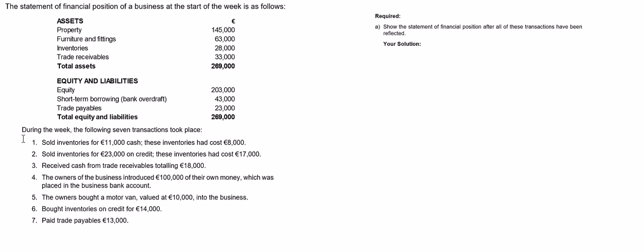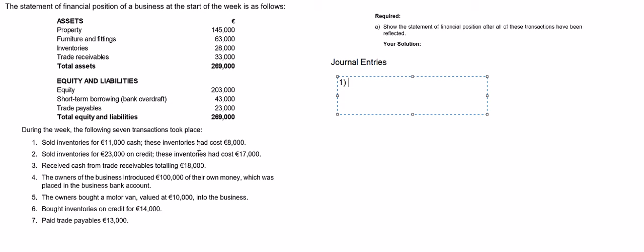First, we need to do the journal entries. So we will do all 7 transactions in here. The first one, we sold inventory for 11,000 euros cash.